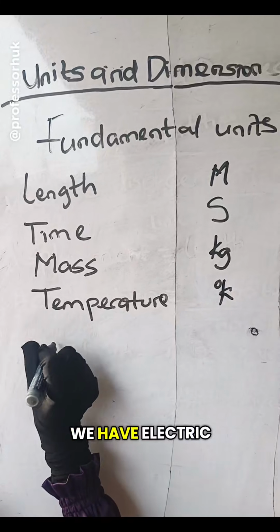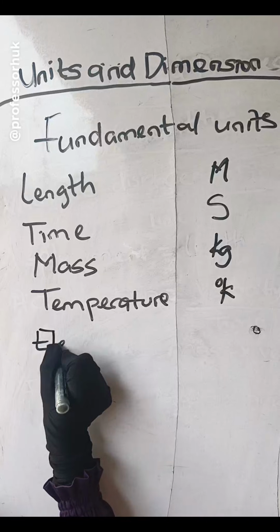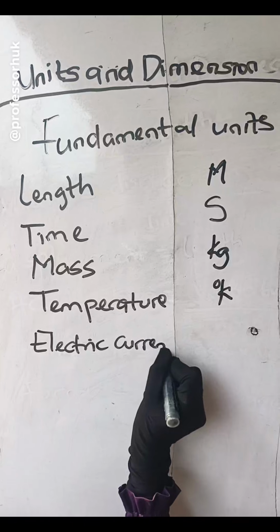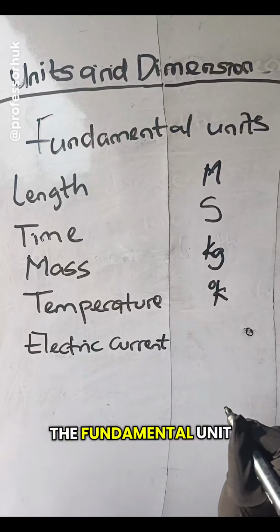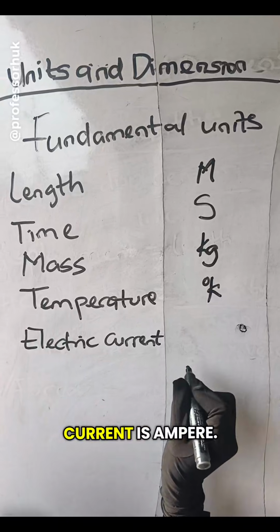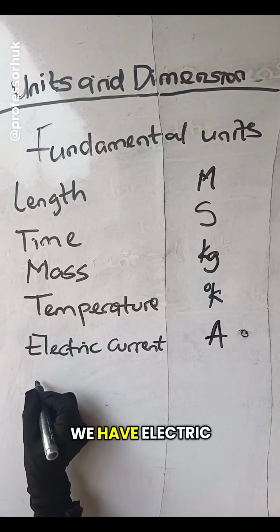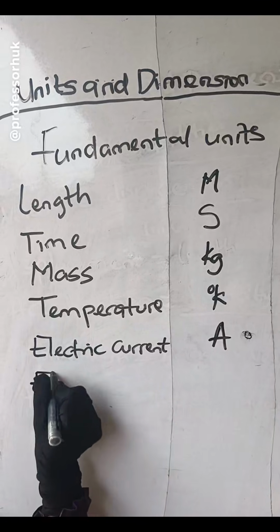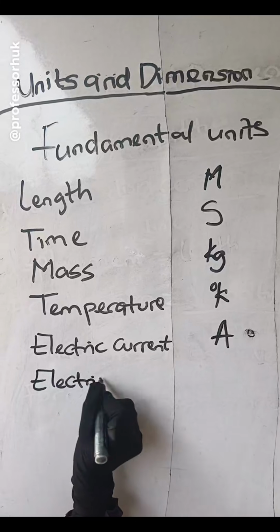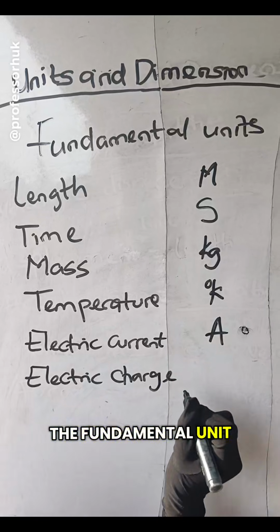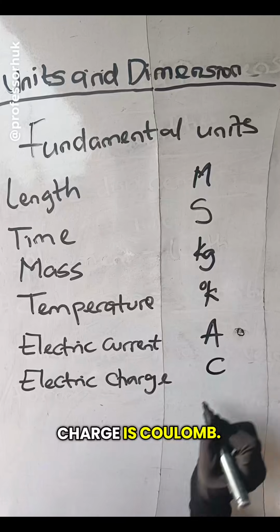We have electric current. The fundamental unit of our electric current is ampere. We have electric charge. The fundamental unit of our electric charge is coulomb.